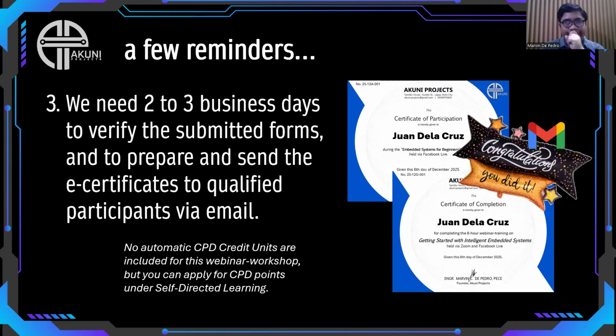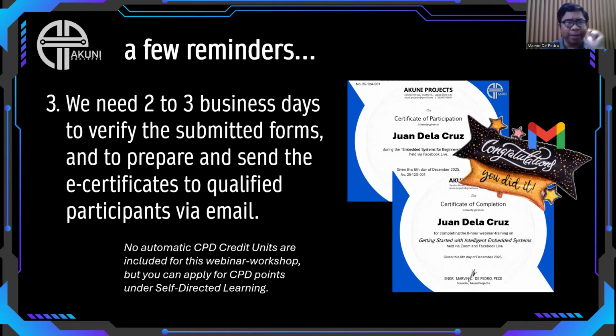Okay, so by the way, please note that no automatic CPT points or credit units are included for this webinar workshop. But to our participants who are educators, maybe in the government, or those who are trying to earn CPT points to renew their license, please note that you can apply for CPT points under self-directed learning.